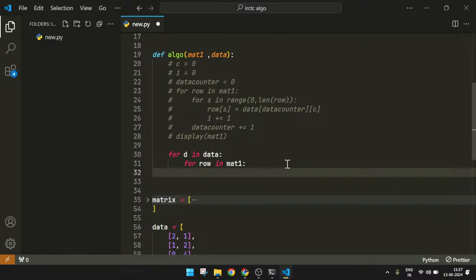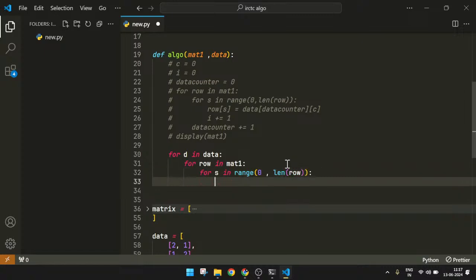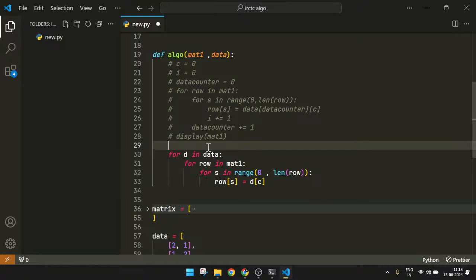Now, while looping, s in the range of 0 to length of that row, what I want is row of s to be data of c. Currently c is 0, which means all the males should be filled.